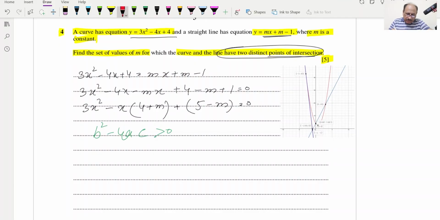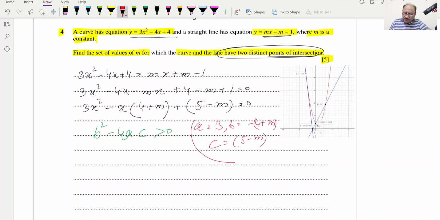The values of a, b and c: a is equal to 3, b is equal to −(4 + m), and c is equal to 5 − m.